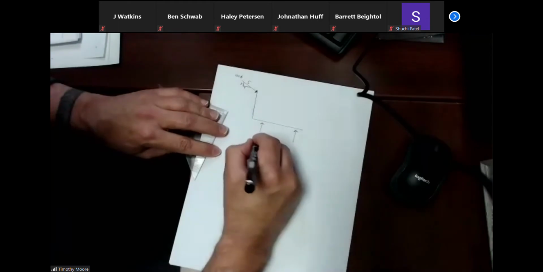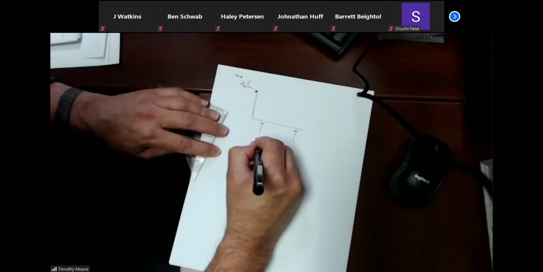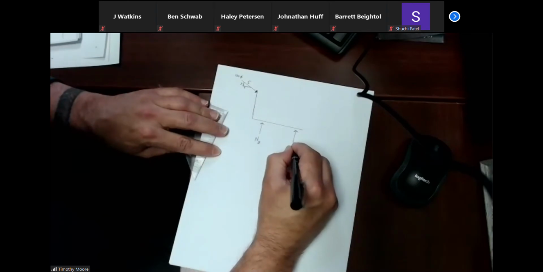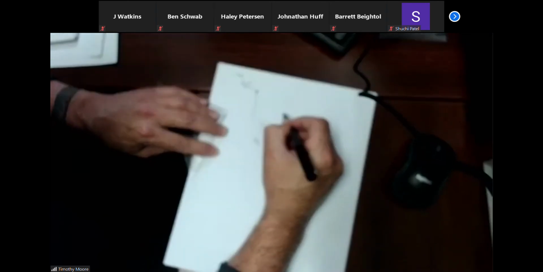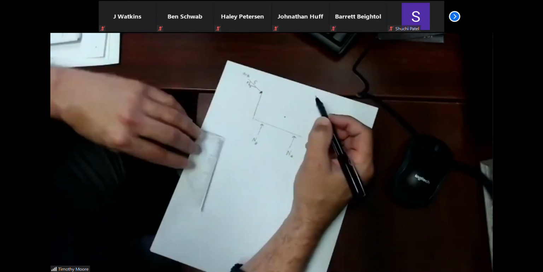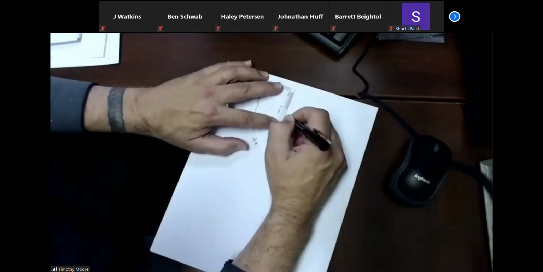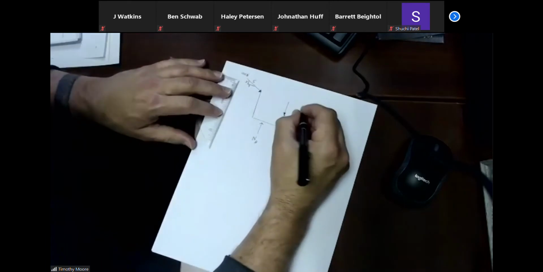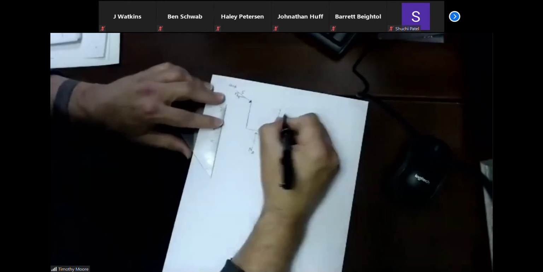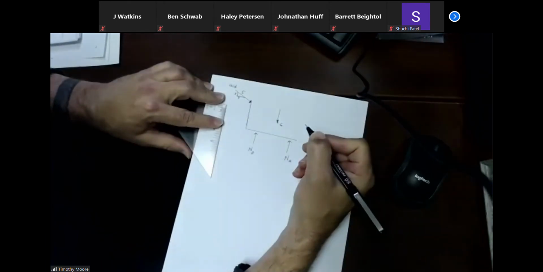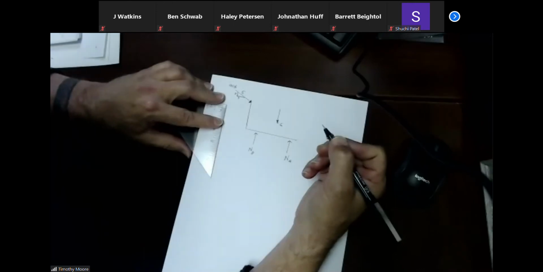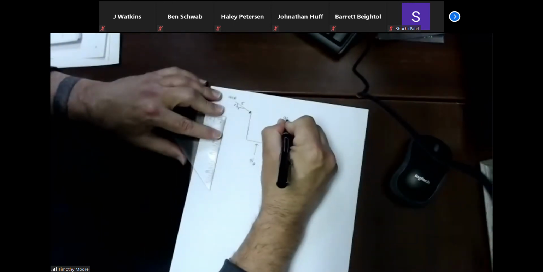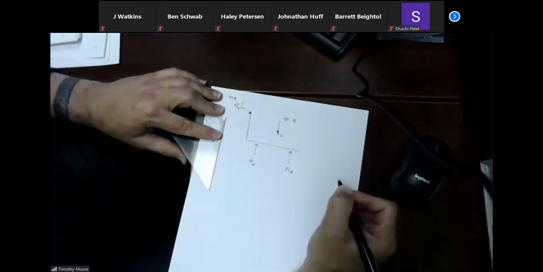This is the normal force at B, and this is the normal force at A. Up here somewhere we have the weight, and because the weight passes through the center of mass, point G, it's 100 kilograms, so if you multiply that by 9.81 meters per second squared, we get 981 newtons.